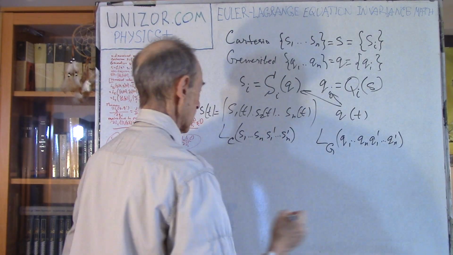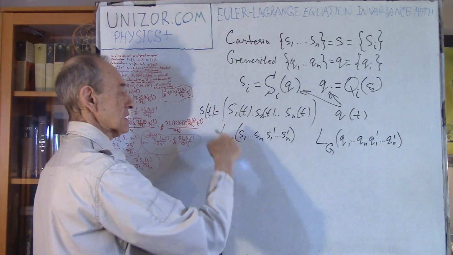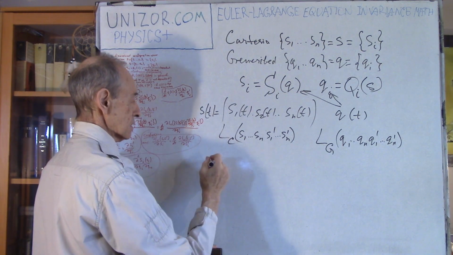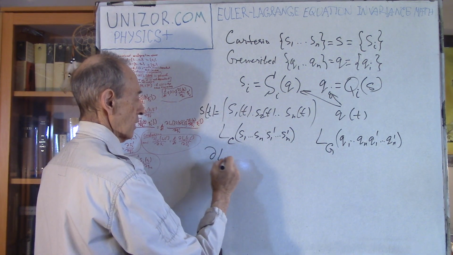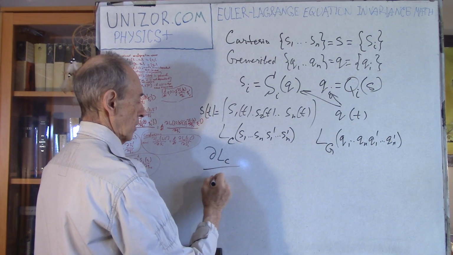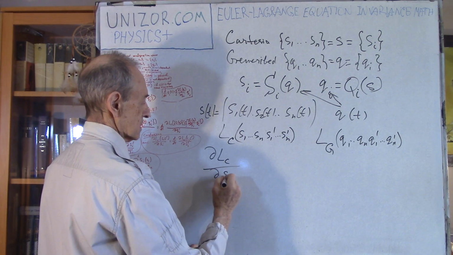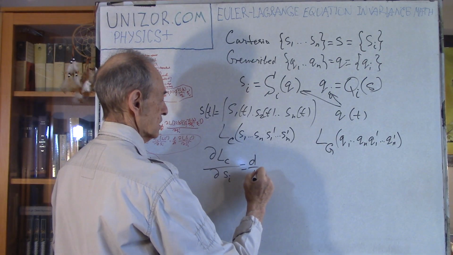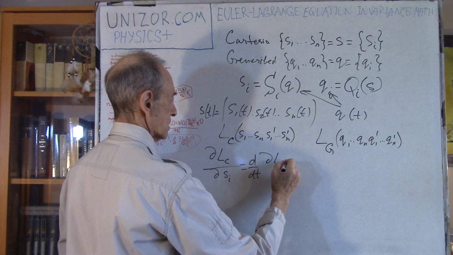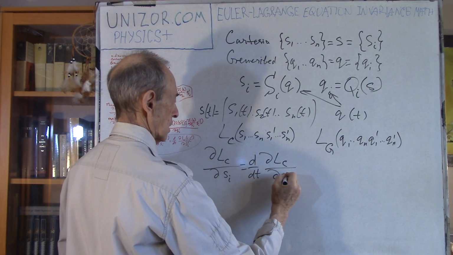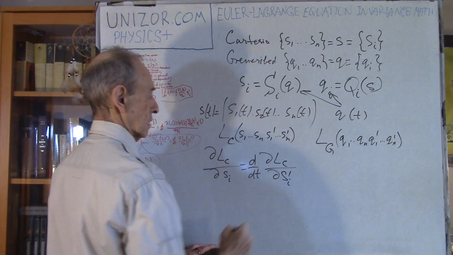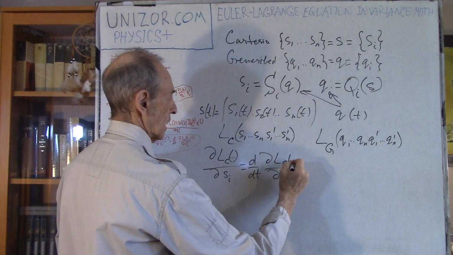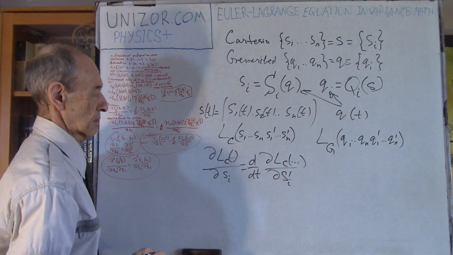In this particular case, I know that S of t is a trajectory, which means it's supposed to satisfy the Euler-Lagrange equation for each coordinate si. It's supposed to be d over dt of dLc by dsi derivative, and with Lc, I mean all its arguments.